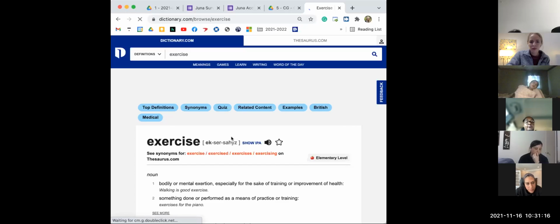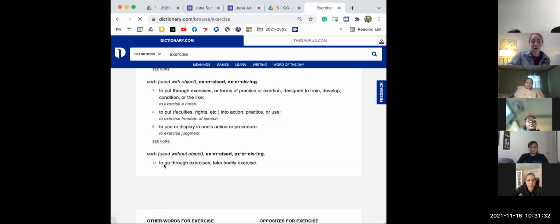Now, on the website, dictionary.com, we don't get this, but on the app, you can actually see the Learners tab that gives a little bit simpler information, because this is a lot of definitions for one word, 14 definitions for one word. And the app gives you a more limited explanation.